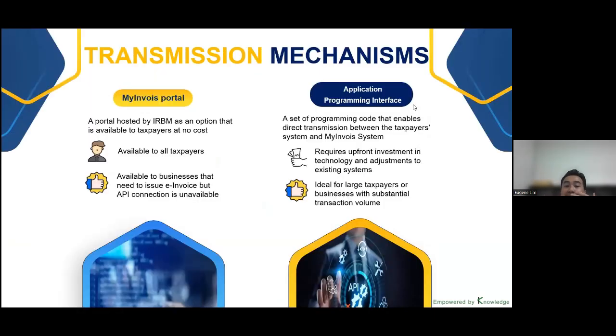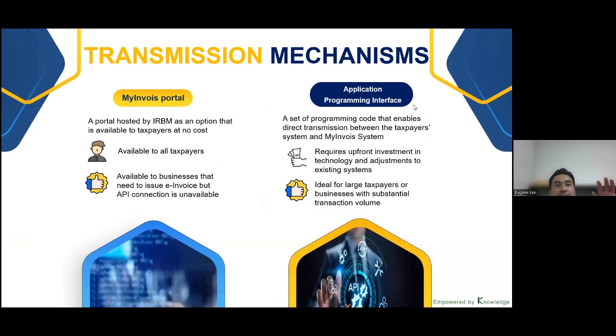So now we look at the mechanism. For e-invoicing, you can use the MyInvois portal, and most of the time we recommend it for taxpayers. Even though you don't have accounting software, you can still issue the e-invoice because the MyInvois portal allows you to do so.